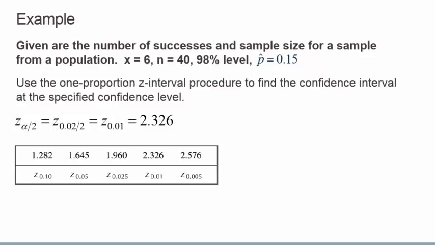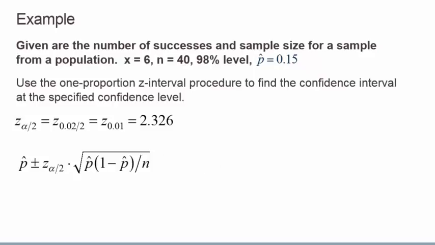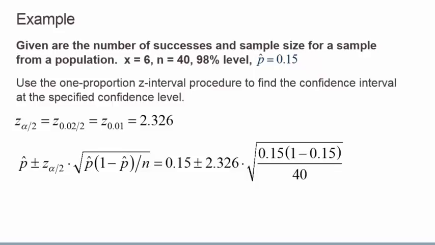Going to our formula, p hat plus or minus z sub alpha divided by 2 times the square root of p hat times 1 minus p hat divided by n. Substituting, we have 0.15 plus or minus 2.326 times the square root of 0.15 times 1 minus 0.15, divided by 40.